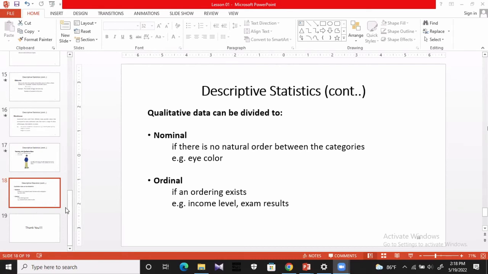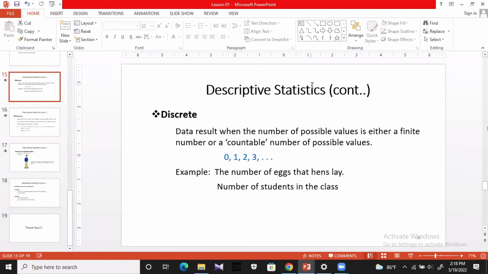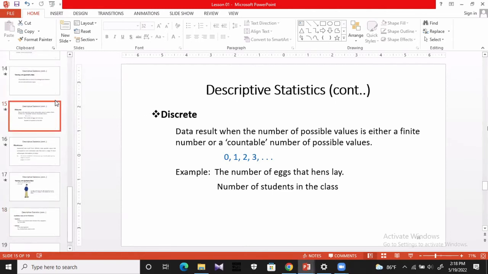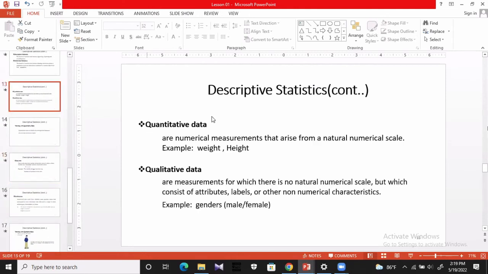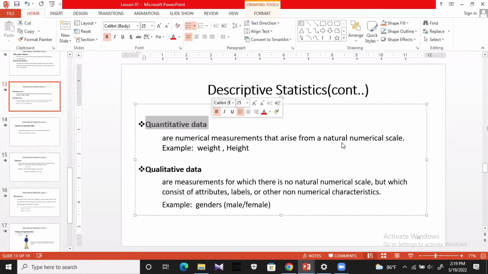So we were discussing data. There are two main types of data, qualitative and quantitative. Quantitative data are numerical measurements that arise from a natural numerical scale.